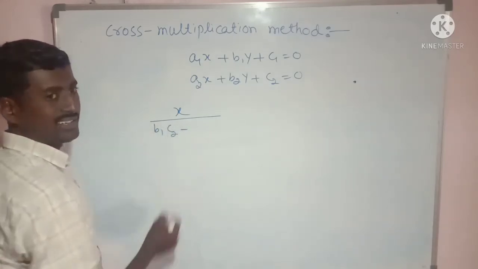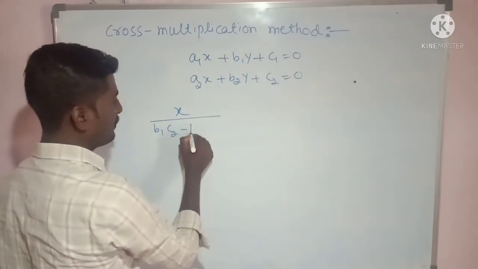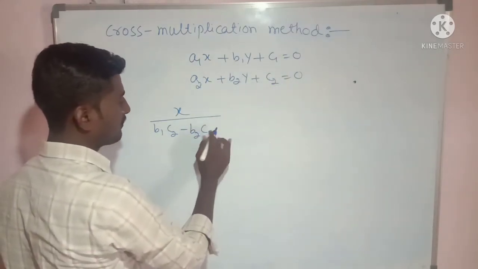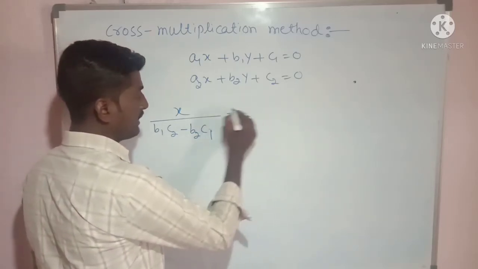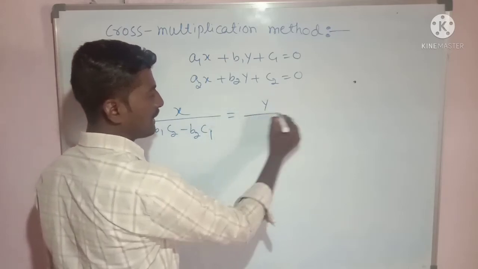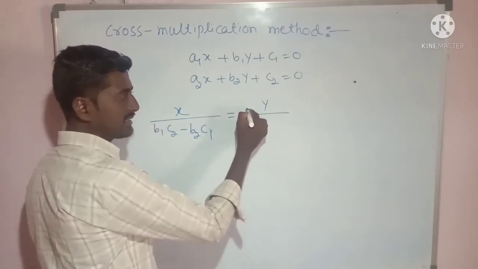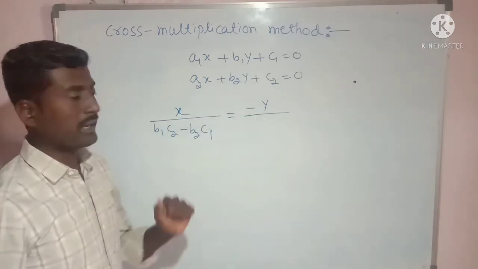b1c2 minus b2c1, these two multiplications. This is equal to, then the next variable is y, so here I'll write y. Here I can take the sign as minus; this is plus and here is minus.